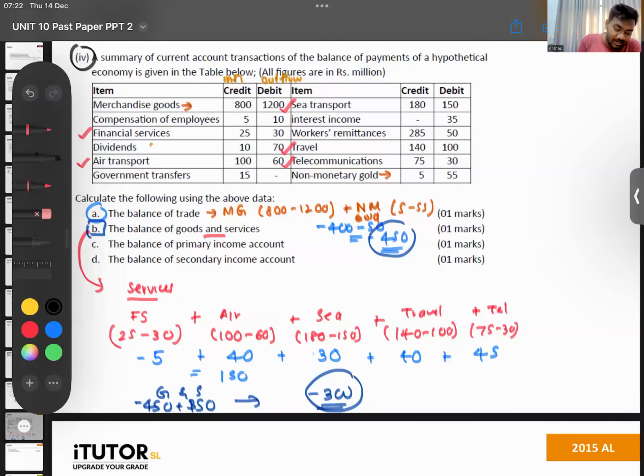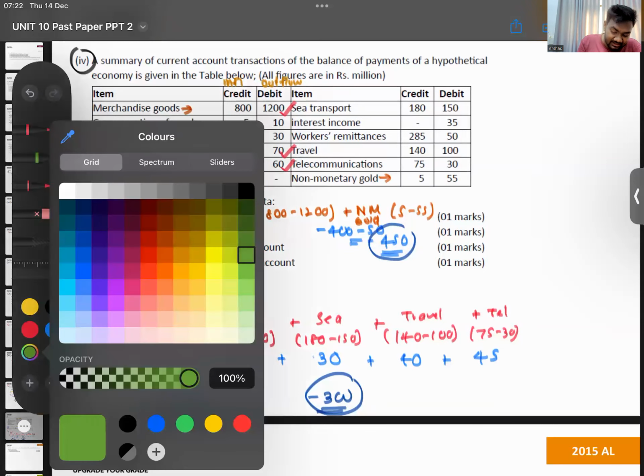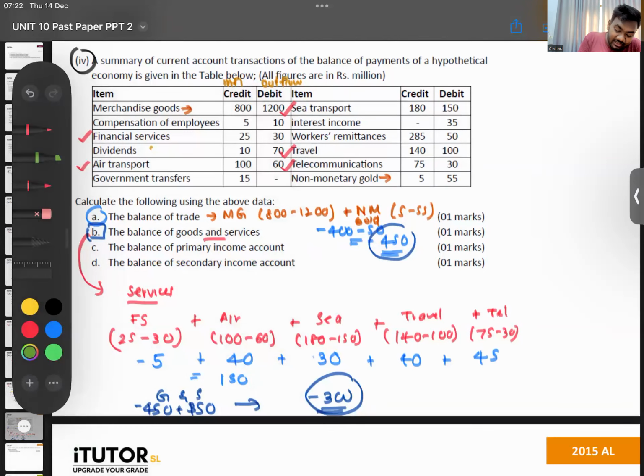Okay. Now, the balance of your primary income account. So what do you have in your primary income account? Rent, wages, interest, profit, dividends. So we'll see what is there here. Here, compensation of employees, this is wages. Dividends. Interest. Government transfers, no. Worker remittances, no. Travel, no. That's all.